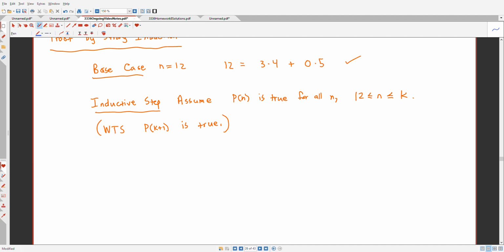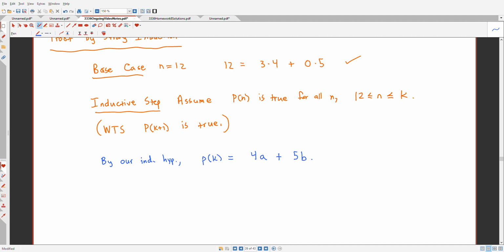But okay, so let me just note, by our inductive hypothesis, P of k equals some number of 4-cent stamps plus some number of 5-cent stamps. Our inductive hypothesis actually tells us more. It tells us P of k minus 1 is 4 times some other number plus 5 times some other number. But for this particular one, I am going to focus on the previous one.